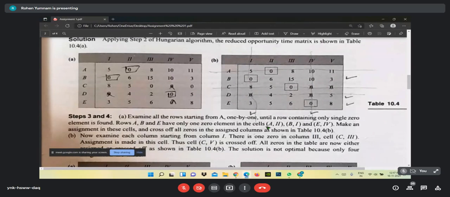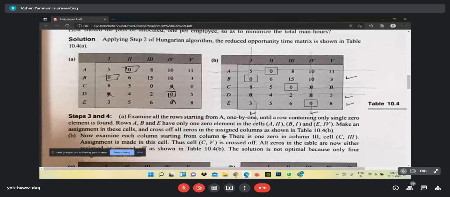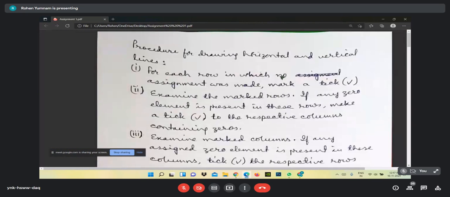And then according to the tick one, the explanation is also written here. What we have to see first is, for each row in which no assignment was made, make a tick.